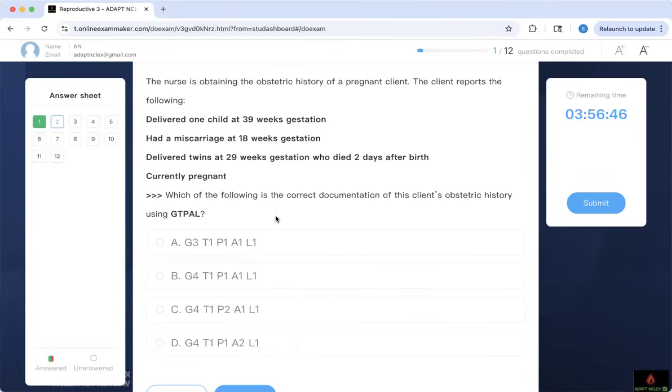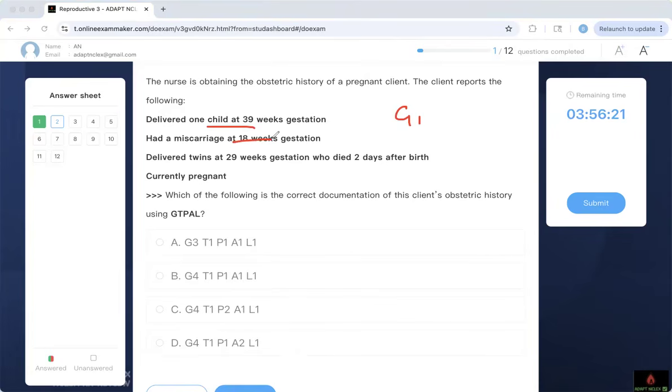Pause, analyze each word, figure out what it is. There's a way you can eliminate answers. You pick your answer, pause the video, and put your answer in the comment section. But this is the way we should approach it. First, G is gravida, the number of pregnancies. Start from the top. One child at 39 weeks, I have one.